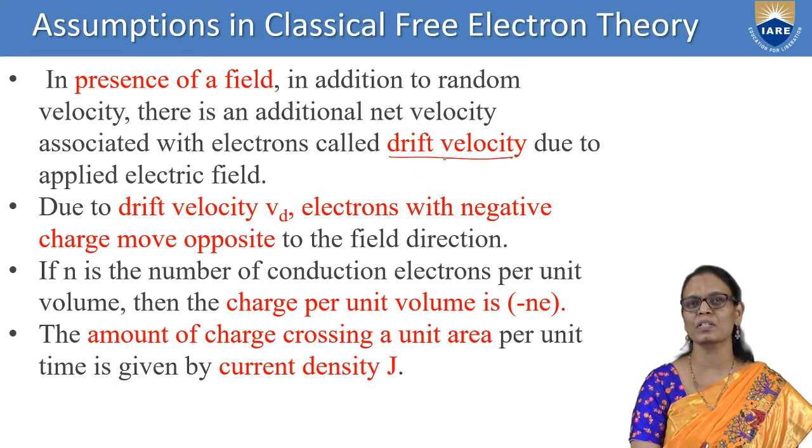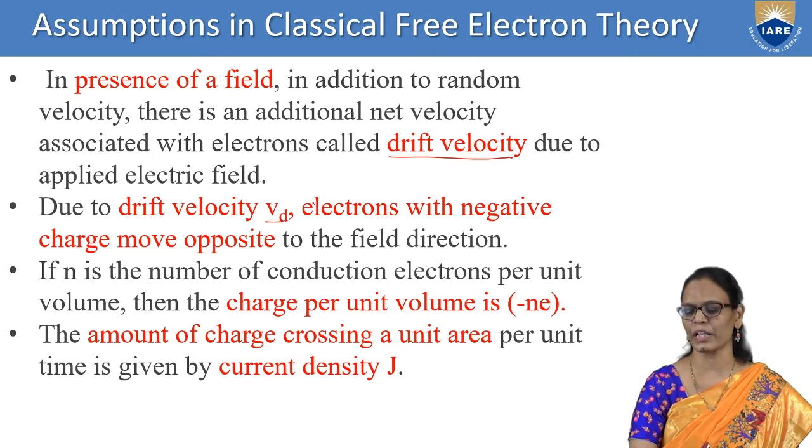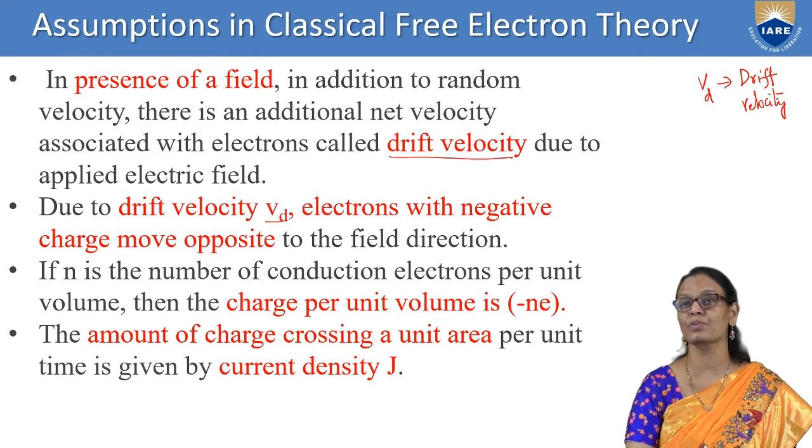How do we represent it? By Vd. V suffix d always represents the drift velocity of the electrons, and it is always due to the applied field.